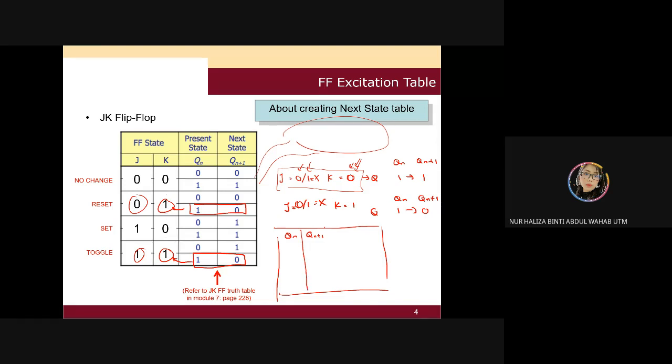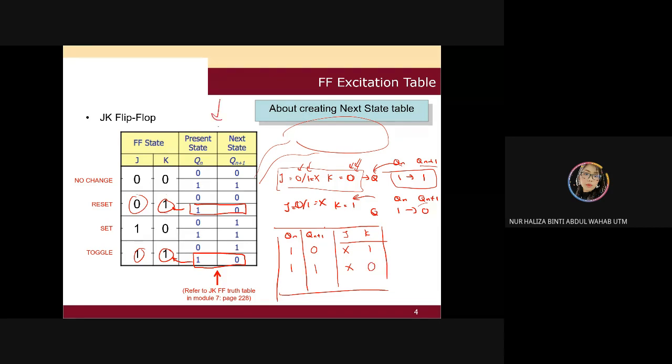I have the conditions of 1, and then my Qn will be, okay, I pick this one first, 0. And another one is previous is 1, and then here will be 1. What is the condition of my J and K? My J over here will be X, and my K is 1. For this one, my J is X, my K is 0.